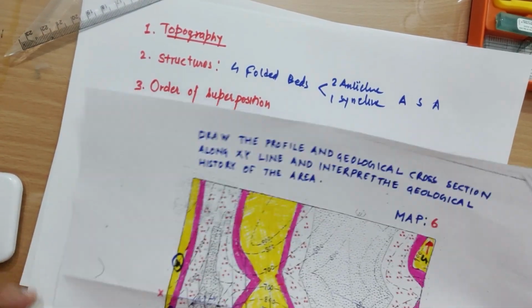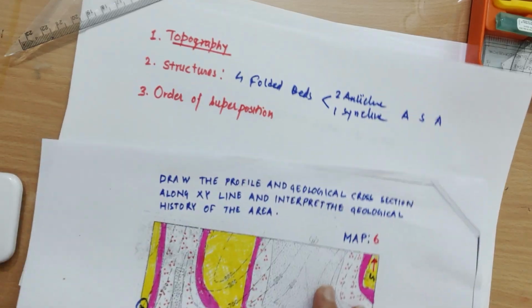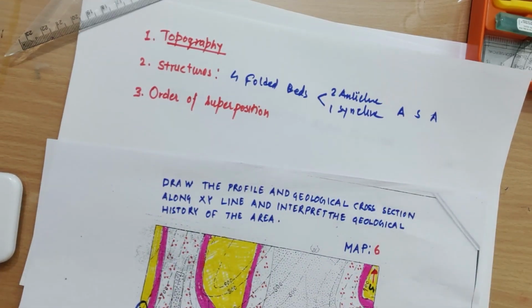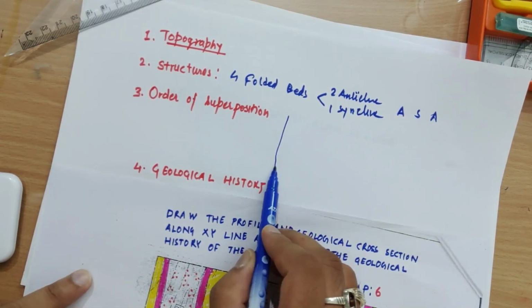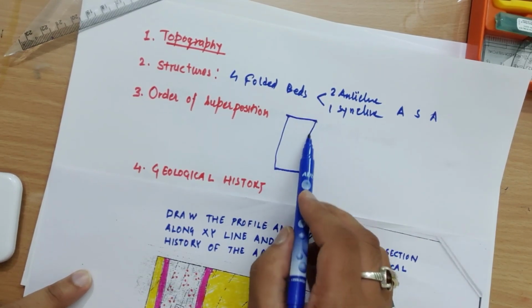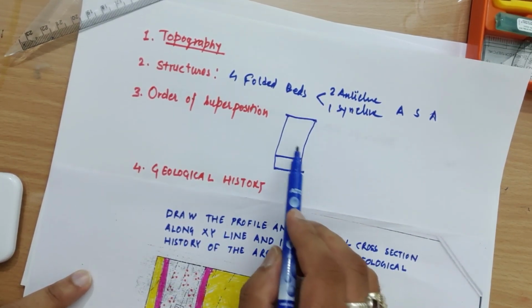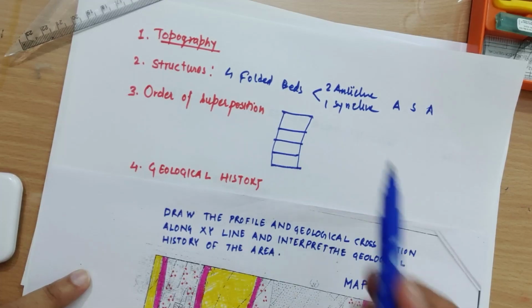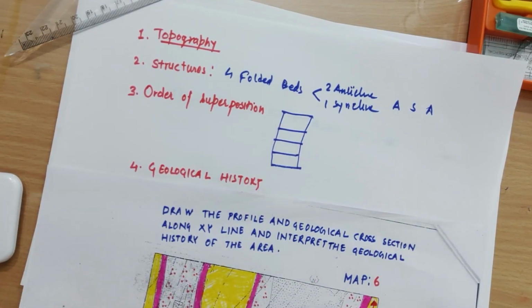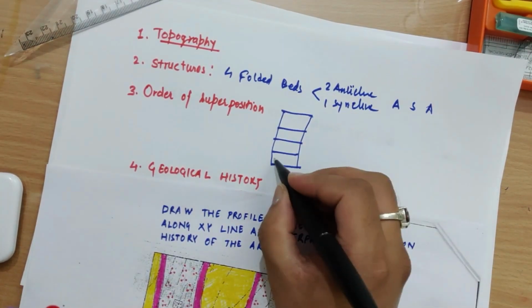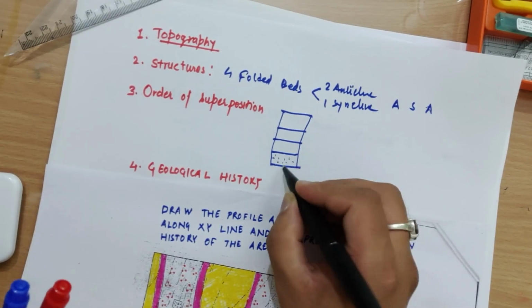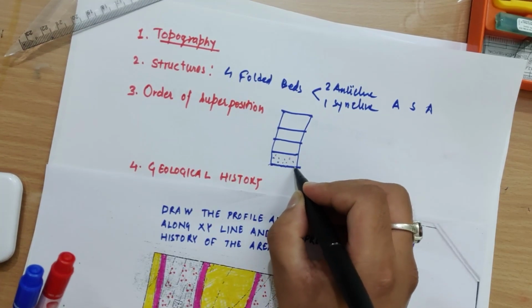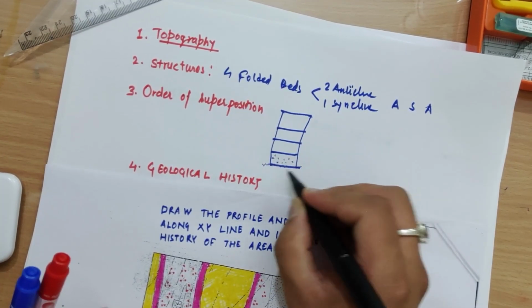Then order of superposition. For that we will have to draw the sequence before deformation. Initially the beds were deposited in a horizontal manner, and because of deformation the horizontal beds have been folded. So there are 4 beds, 1, 2, 3 and 4. The first bed is represented by coarse dots, and this bed must have been deposited over an unknown unconformable basement.